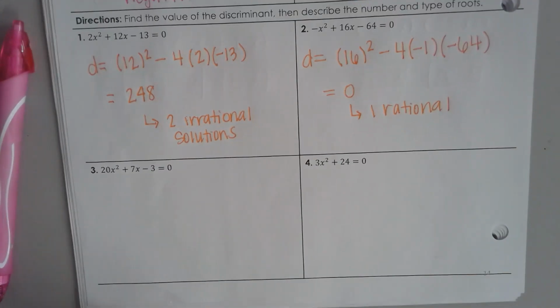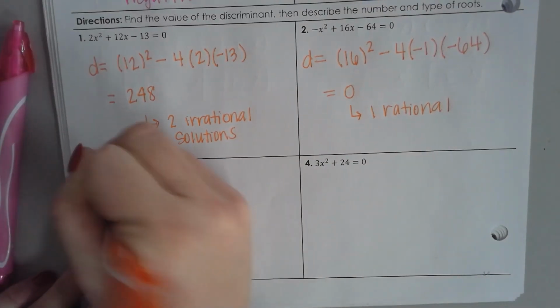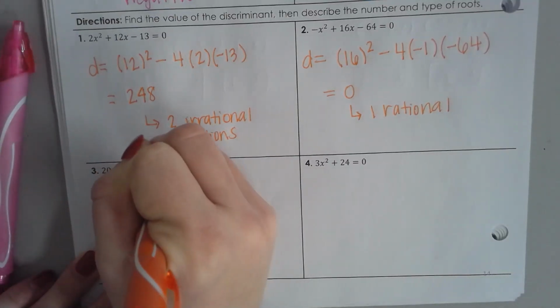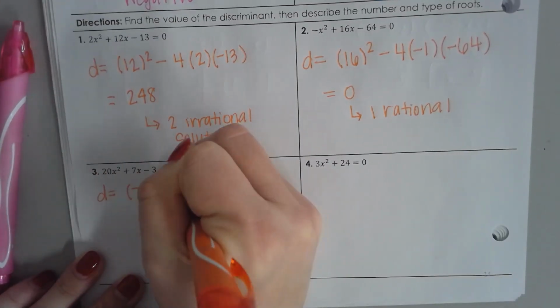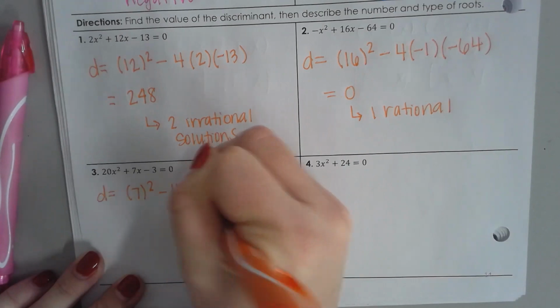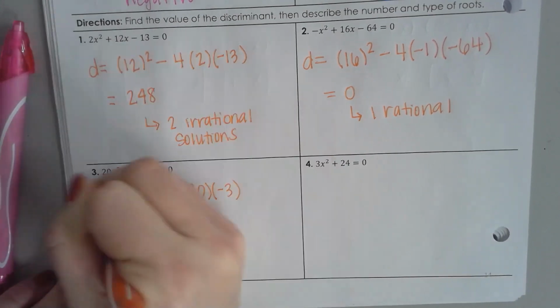Number 3, my discriminant, 7 squared minus 4. My A is 20. My C is negative 3.